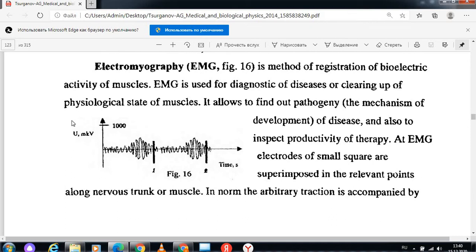At EMG, here in figure 16, we have this special type, the result of registration: the dependence of the difference of potentials, or voltage, in microvolts on the time in seconds. At EMG, electrodes of small square are superimposed in the relevant points along the nervous trunk of a muscle.